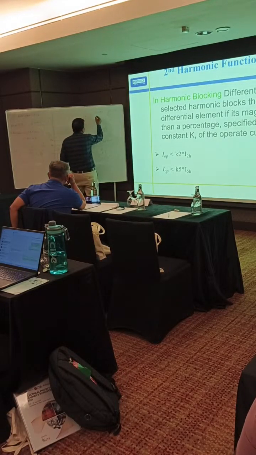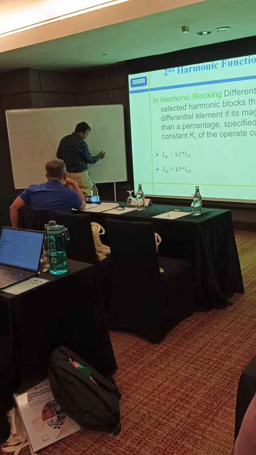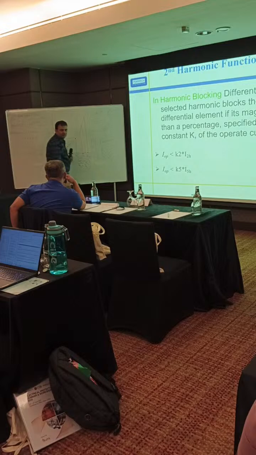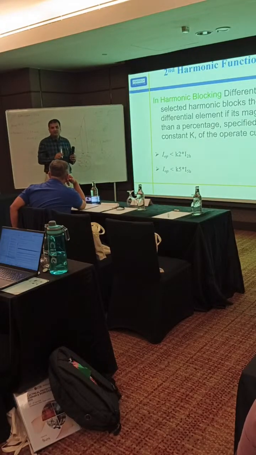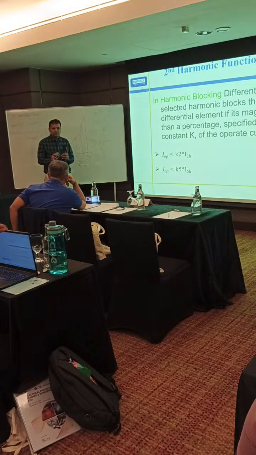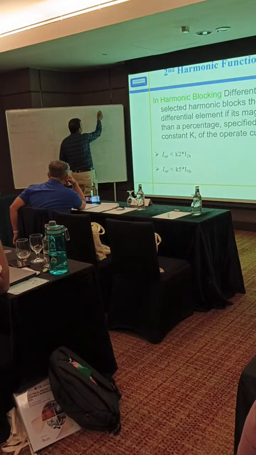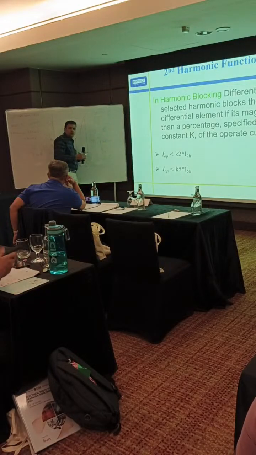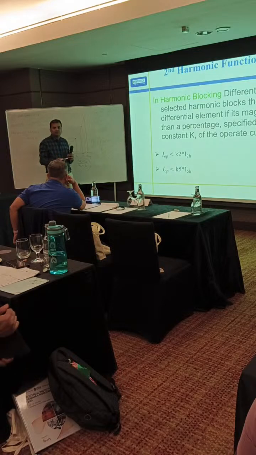So suppose it is 1 ampere, then it will trip at 0.2, standard 0.2. But suppose you have decreased the fundamental to 0.5, then this will be 0.1. It is a percentage of the fundamental current, not fixed at 0.2. It depends on the fundamental current. If you increase it to 2, then the blocking will be at 0.4.